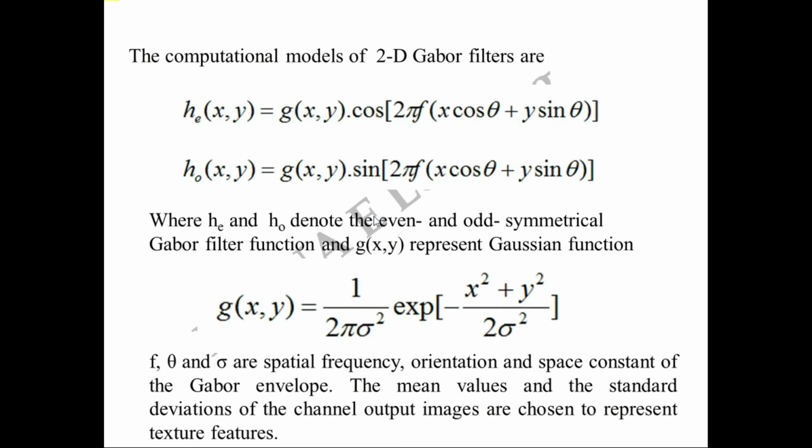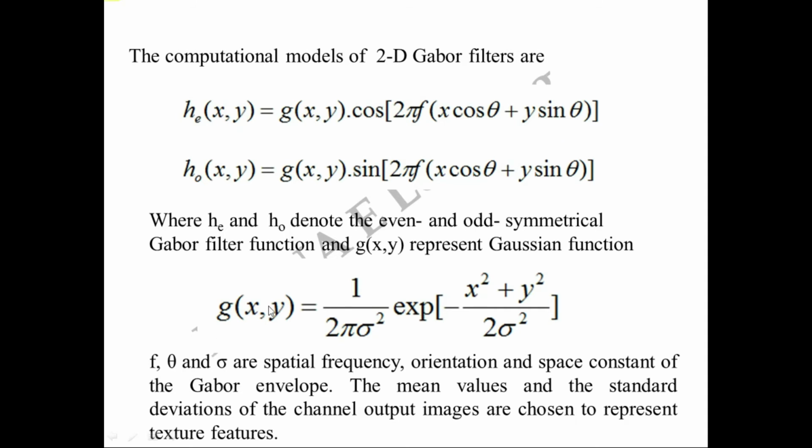So this is the Gabor filter function. We have the even and odd symmetrical Gabor filter functions expressed as h_e(x,y) and h_o(x,y). Here g(x,y) is the Gaussian function, and cos(2π f (x cos θ + y sin θ)) is the basis function.